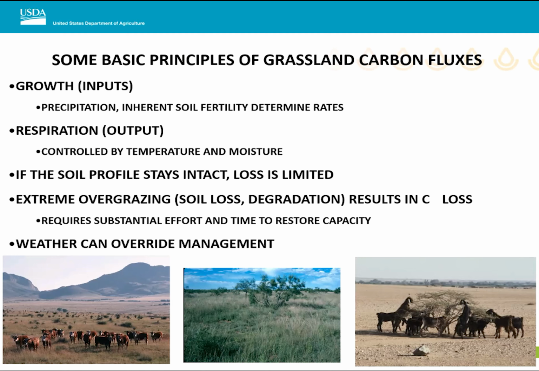Obviously, if we overstock, we'll eventually lose carbon, but that requires overstocking to the point that animals don't perform and it's not really economically viable to do it. And then finally, and importantly, weather can override management. If you look at those driving factors, we're at the mercy of the climate.